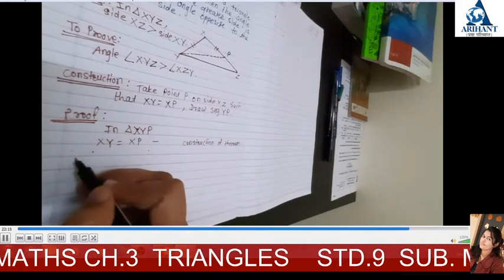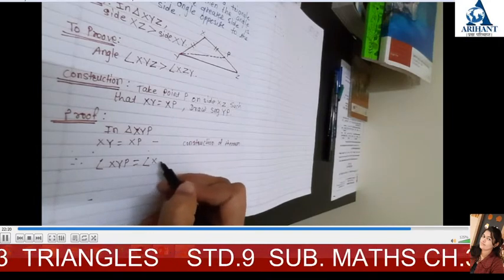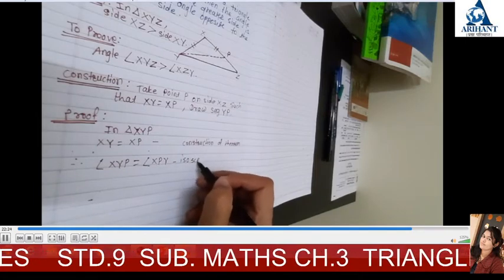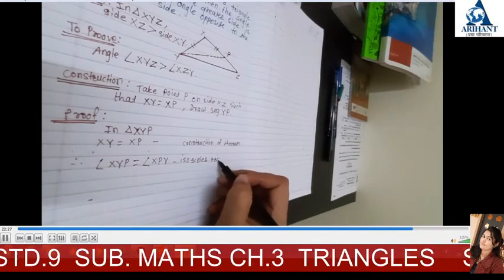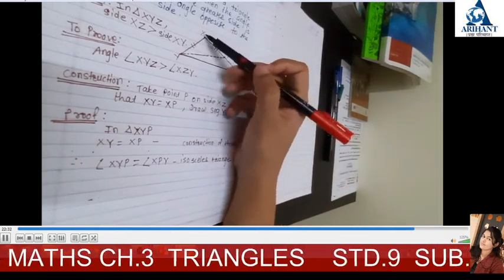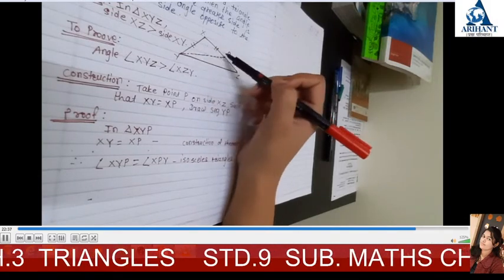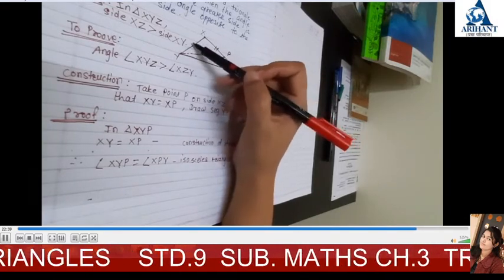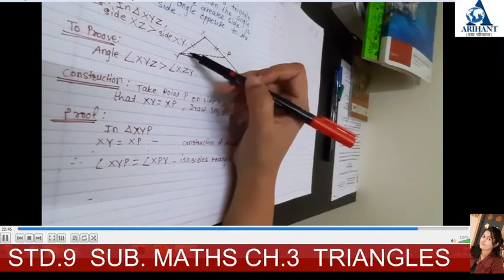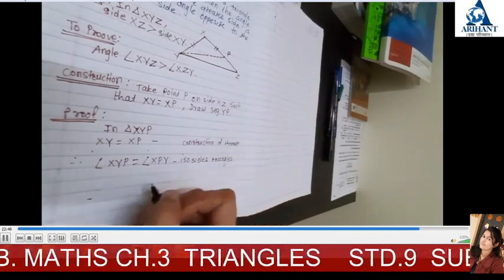Because of that, angle XYP is equal to angle XPY. How? It is an isosceles triangle. Angle XYP and angle XPY are equal, because if two sides are equal, then the two angles opposite to those sides are equal. That is an isosceles triangle.